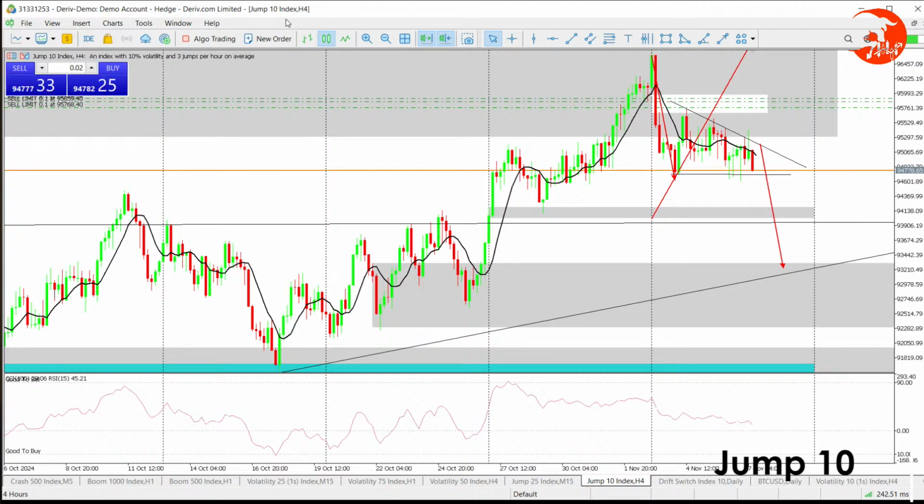So knowing that, I'll be looking for a breakout there to bring me all the way here, the exact distance that brought us into consolidation or into ranging there. So that's what I'll be looking for.